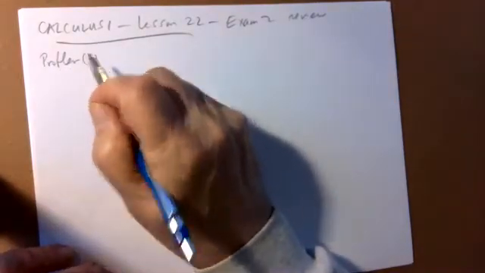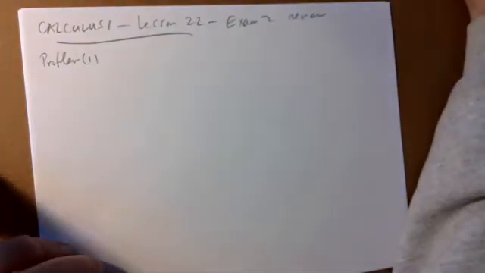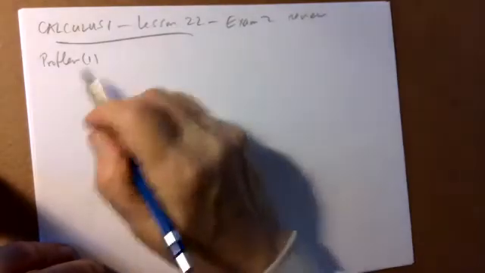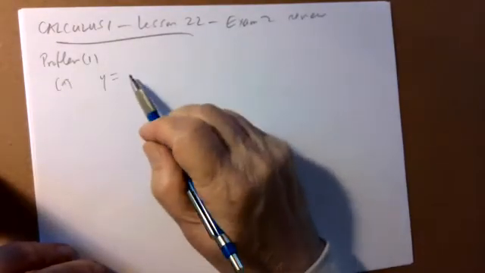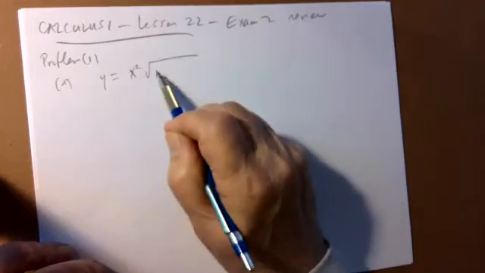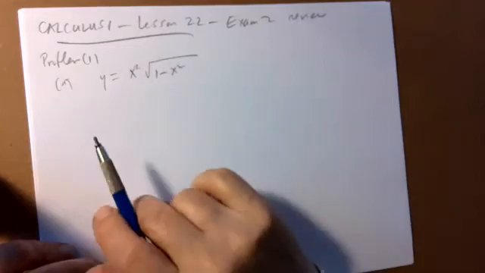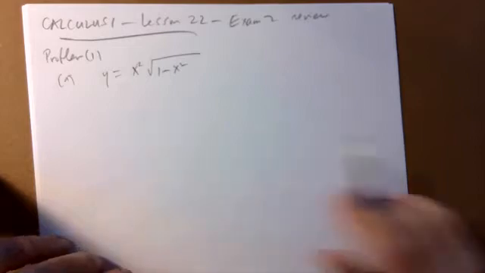Problem 1 on the review sheet was a series of functions to differentiate. The first is y equals x squared times the square root of 1 minus x squared.